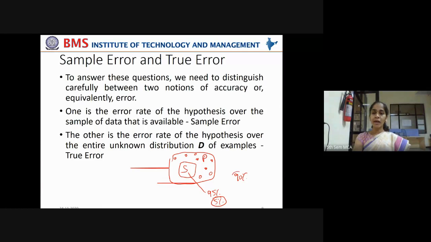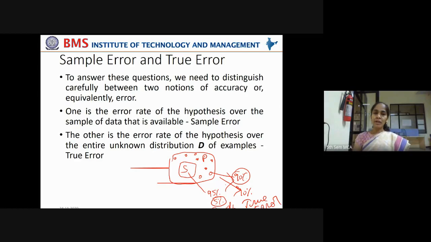This is called the general population or true accuracy, and the 10% error that it is giving is called the true error. This is called sample error, and this is called true error. Did you understand now the difference between sample error and true error?